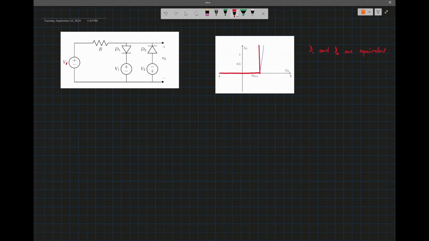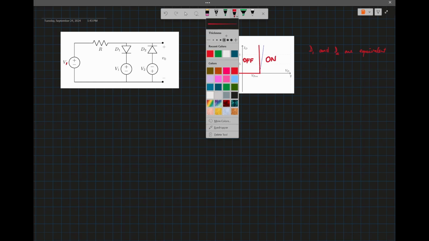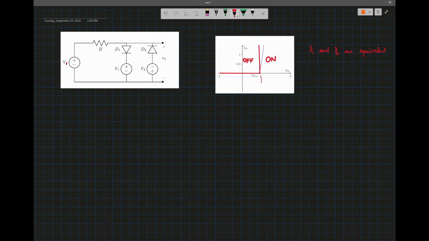Here the diode is going to be off, and here the diode is going to be on, and then the voltage here, the knee voltage, is the VD on.